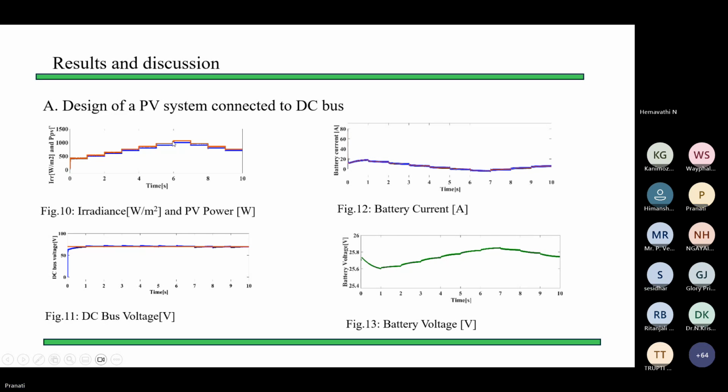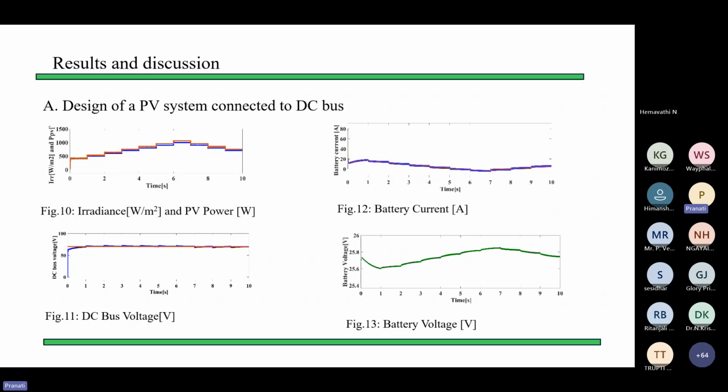Okay. When the irradiance is changing, our output power is also changing. This blue line is the irradiance and red is the output power. As the irradiance changes, output power also changes synchronously with that.